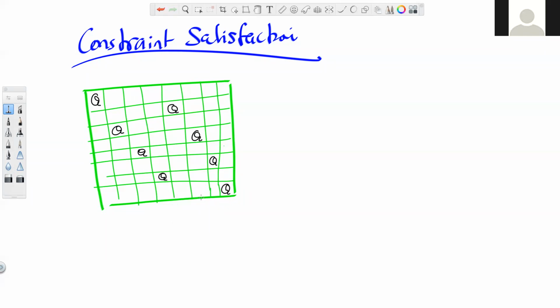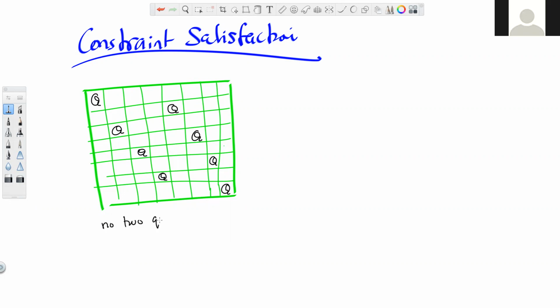So the problem is as follows. You've got a board, 8x8. You've got 8 queens. Go place them on the board so that none of them attacks the other. Now, what does it mean for a queen to attack another? A queen will attack another if they're in the same row. So let's put it here.